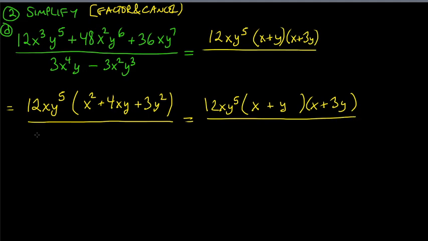Okay, so now we look at the denominator. And again, I see a 3 here and a 3 here, so the GCF is 3. But I also see an x to the 4th and x squared. So I take out the lowest power, x squared, and the lowest power of y is y to the 1. So that's the GCF. And when we factor that out, we're left with x squared minus y squared, or a squared minus b squared, right?